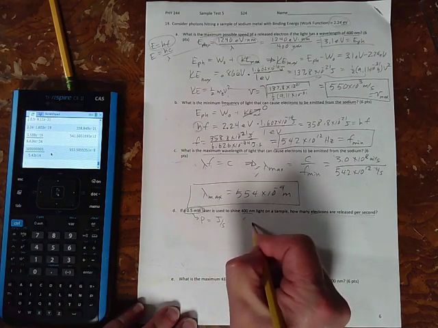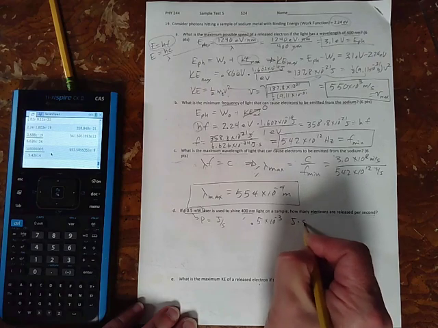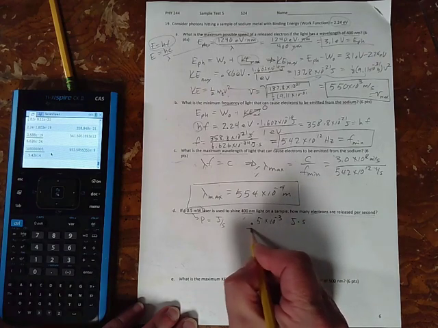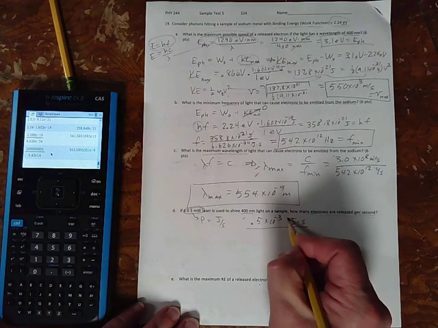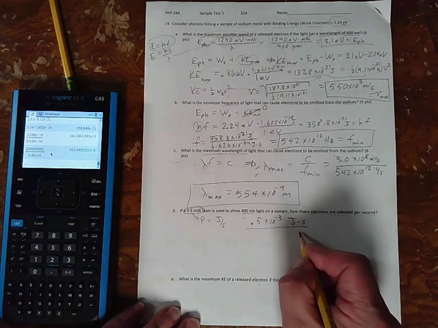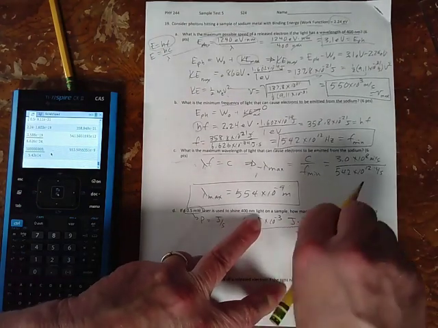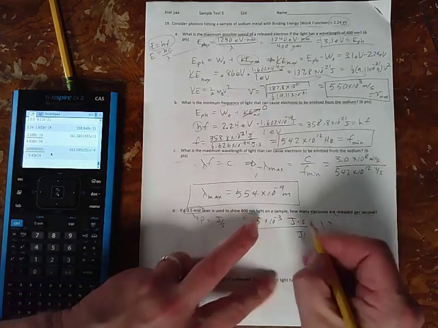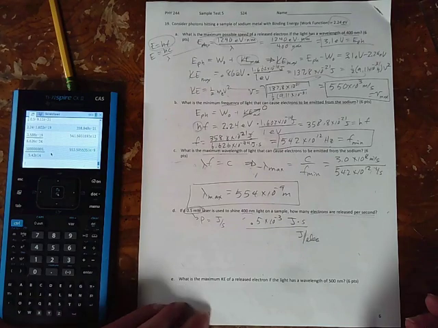So we have 0.5 times 10 to the negative 3 joules per second as our flow of energy. We want to know how many electrons per second, so we're going to divide this by how many joules per electron, how much energy it takes to free each electron.